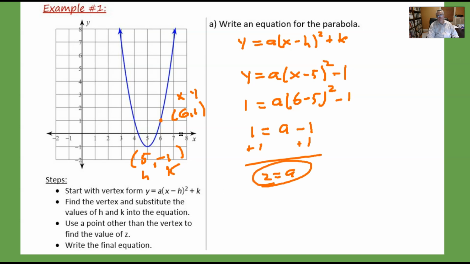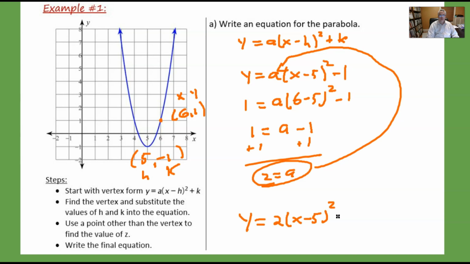It turns out this parabola has been stretched a little bit. So we put that back into the equation: y equals 2 times x minus 5 squared minus 1. The parabola's been stretched, and shifted to the right by 5 and down 1. That kind of matches what we see here.